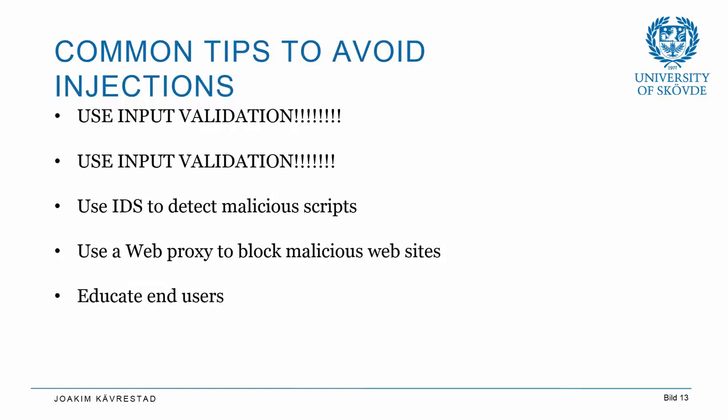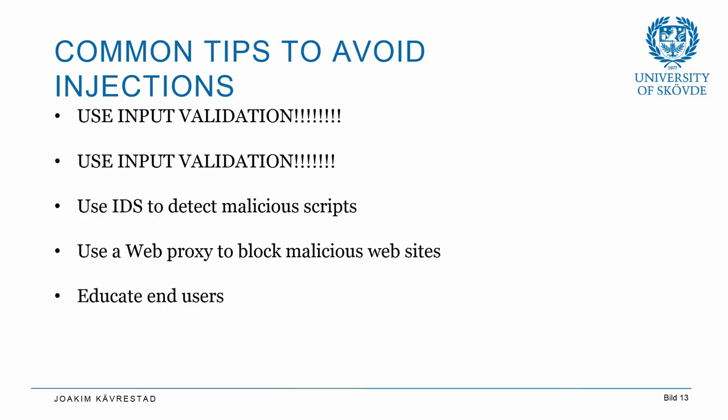So how do we avoid injections? Well, use input validation. Whenever we have a function where the user inputs data to our website, make sure that the user can only input what we expect.